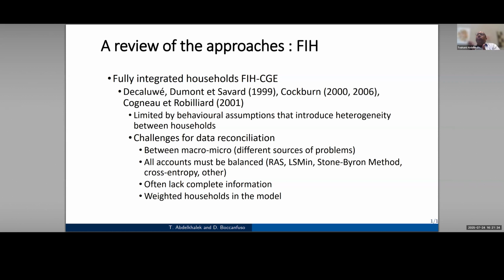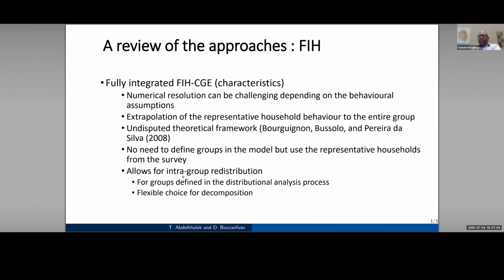So why can't we always use it, if it is very interesting? There is often a lack of complete information, it is more difficult to access the data needed to construct a fully integrated approach, and we need to weight the households in the model by extrapolation. The numerical resolution can be challenging depending on the behavioral assumption.